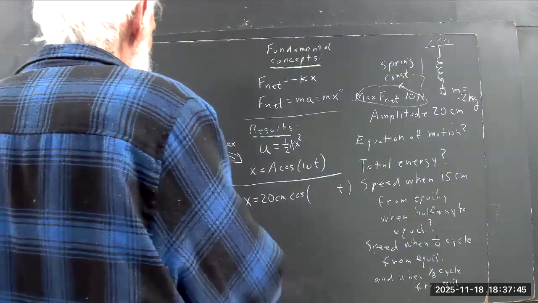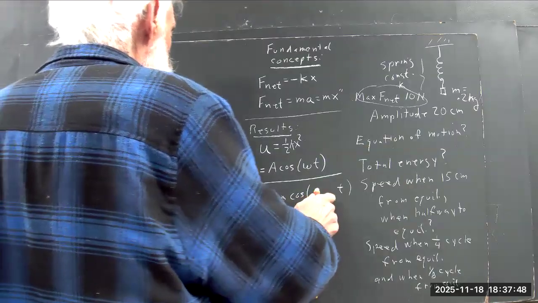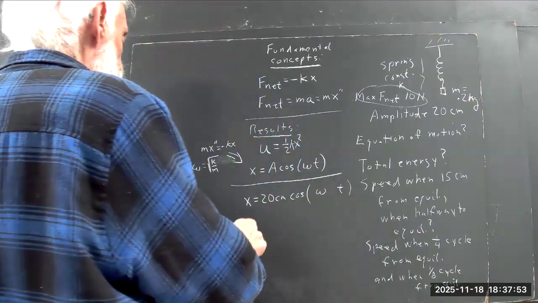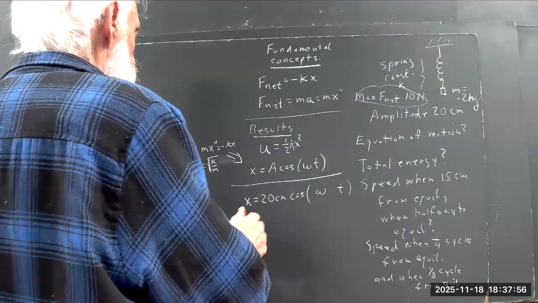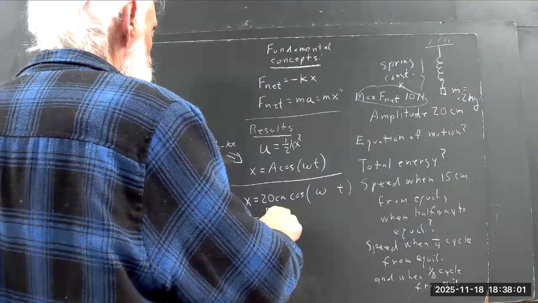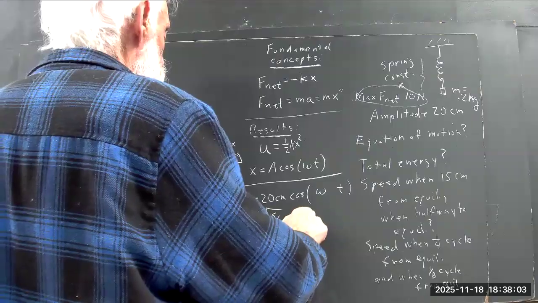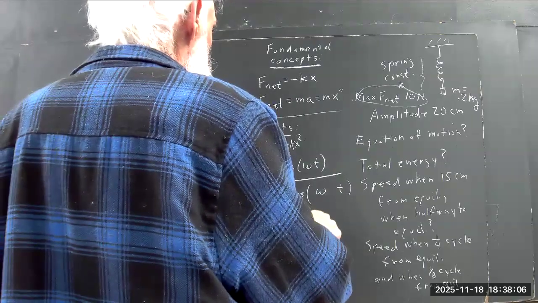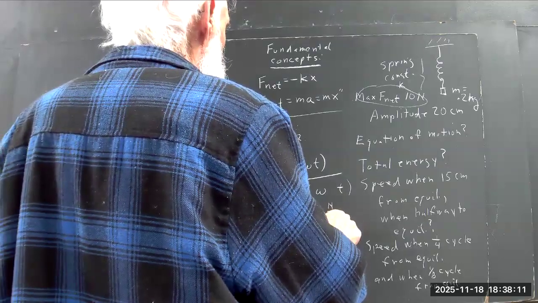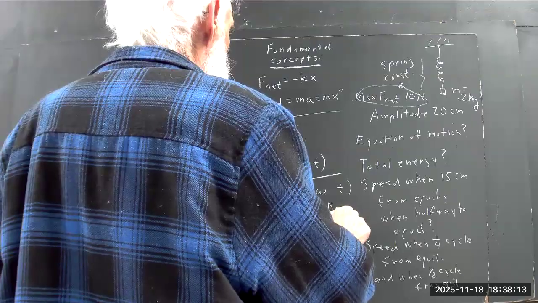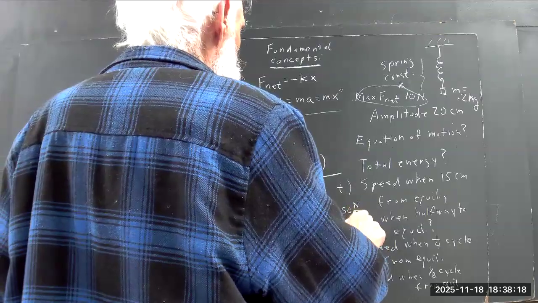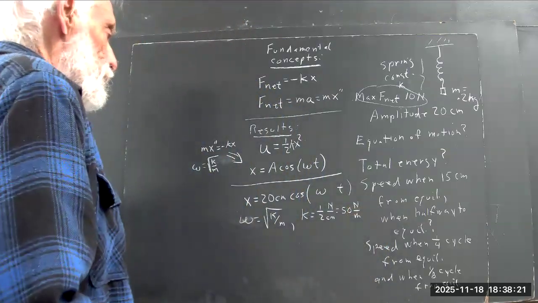k equals... I'm going to go ahead and put omega here. Omega is the square root of k over m. k equals 1/2 newton per centimeter, which is 50 newtons per meter.